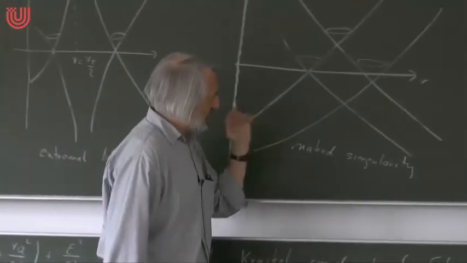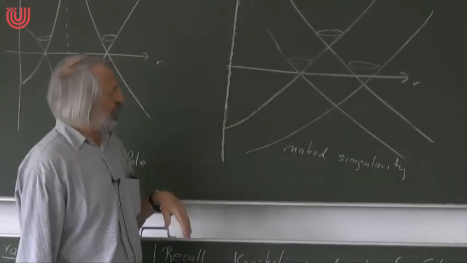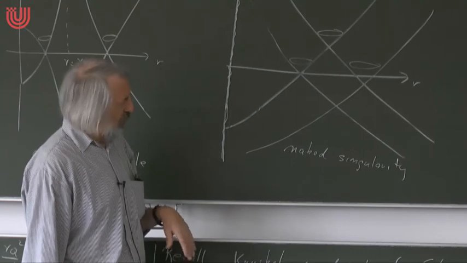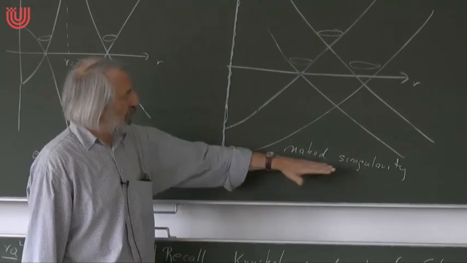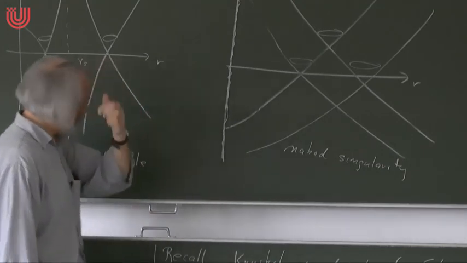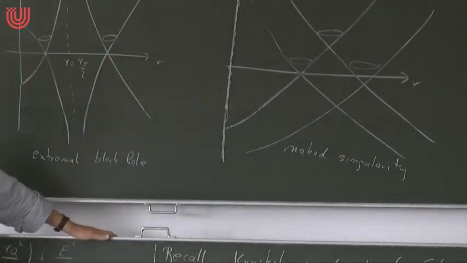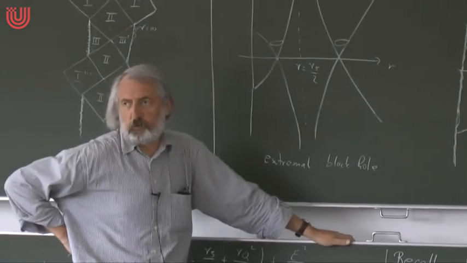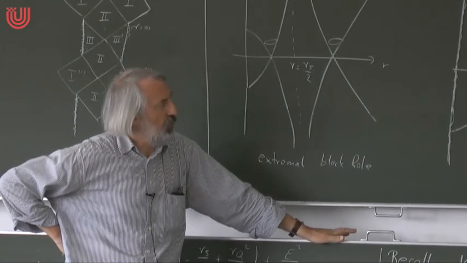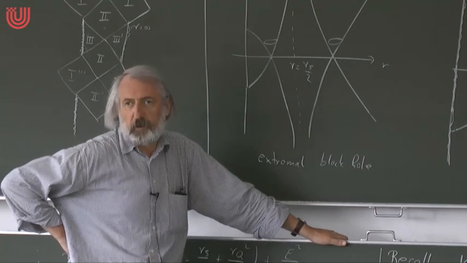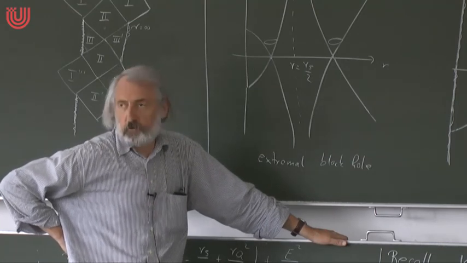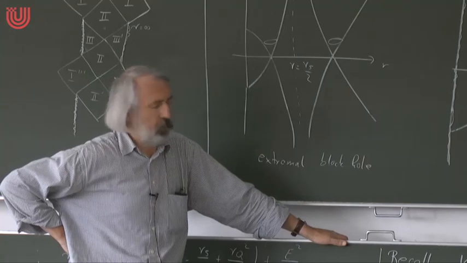Well, we have discussed a little bit whether the Reissner-Nordström metric for case 1 has something to do with nature. As far as case 3 is concerned, I think the opinion is even stronger that it has nothing to do with what exists in nature. So naked singularities are not very much liked. There's something called the Penrose conjecture, maybe you have heard about it.